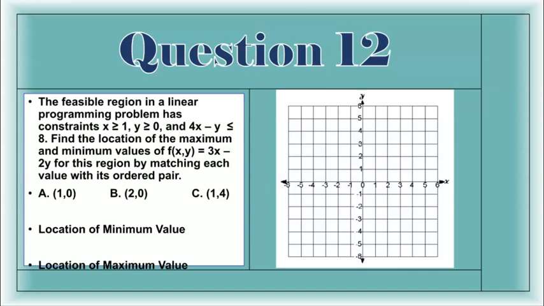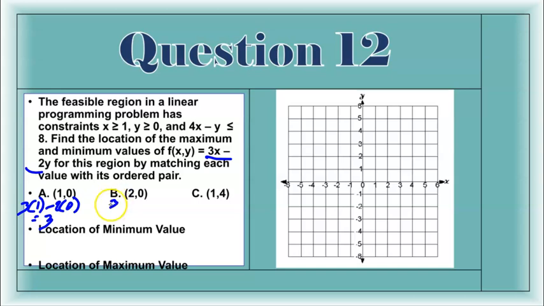Now, we don't need to graph this. What we can do is just plug these numbers into this equation for x and y. Whatever one gives you the smallest value is the location of the minimum value. Whatever gives you the biggest number is our maximum. So for this one, I'm going to have 3 times 1 minus 2 times 0, which is going to give us 3.